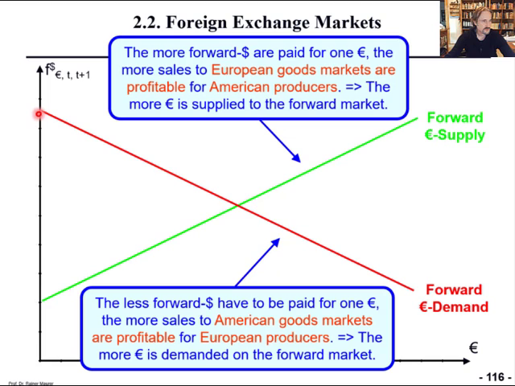So if the euro depreciates on the forward market against the dollar, more selling of European goods to the American market becomes profitable, and hence more forward euro is demanded by European producers in order to repatriate their dollar revenues into euro.